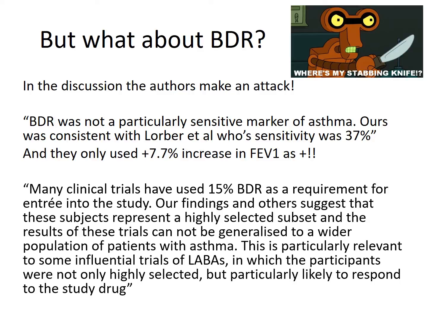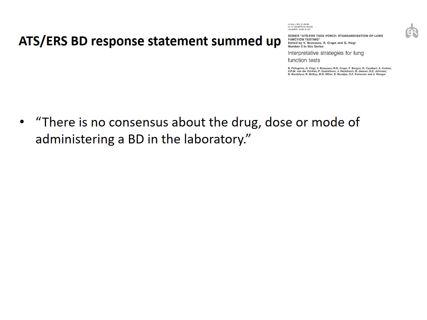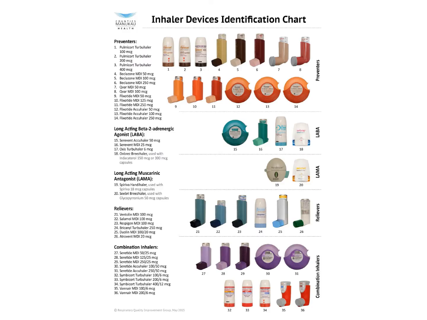So let's move on. More ATS-ERS statements within the text. There is no consensus about the drug, dose, or mode of administering a bronchodilator in the laboratory. As you can see, this is from my own workplace before the ultra long-acting ones have come out. There are a few more inhalers to add to this since I made this talk.